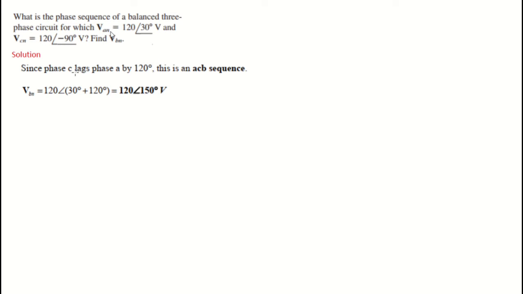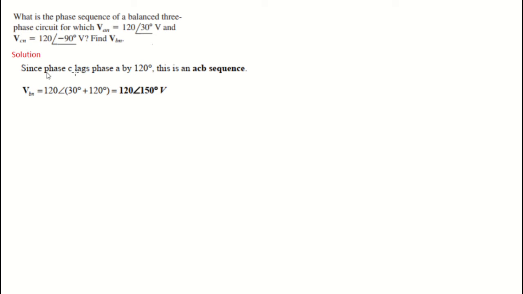What we call line voltage is referring to the main line A to B or B to C or A to C. So if it's referred to AN, this is the phase voltage referred to the neutral. So we have phase voltage AN 120 angular 30 degree and CN 120 angular negative 90 degree. So right now we have to find BN.